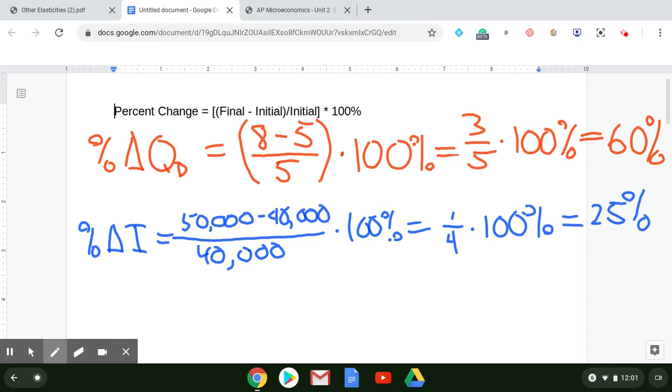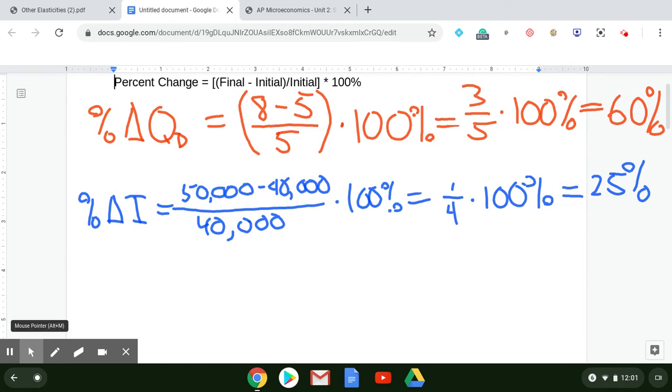Now, if we remember, income elasticity is the percent change in quantity demanded over the percent change in income.